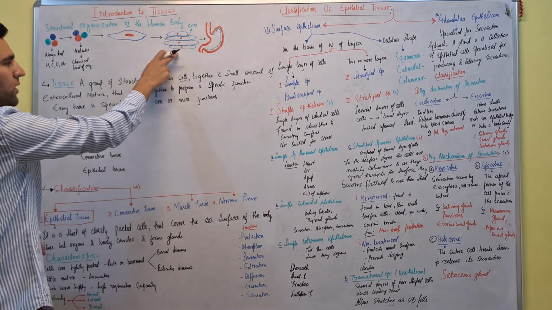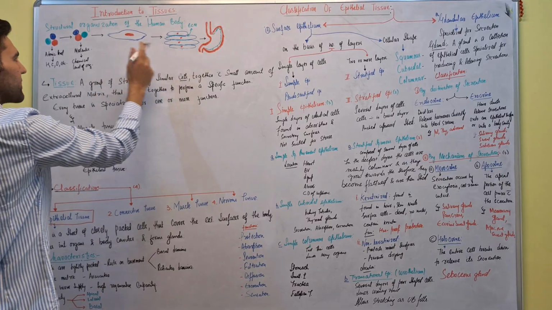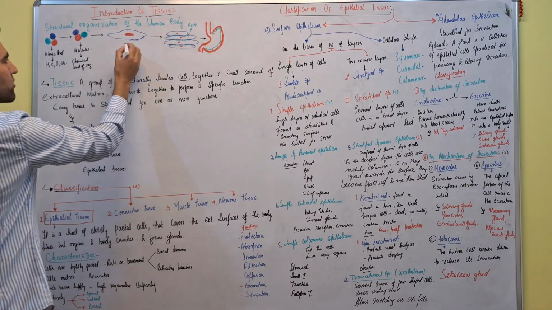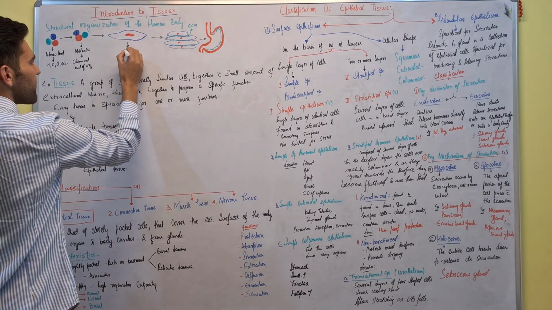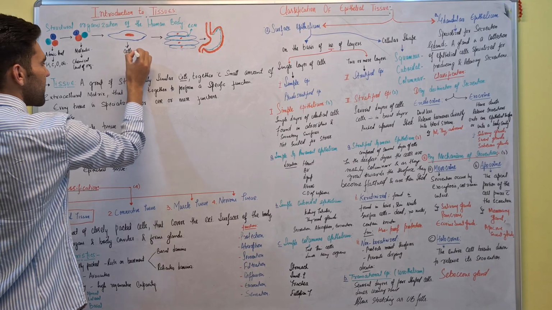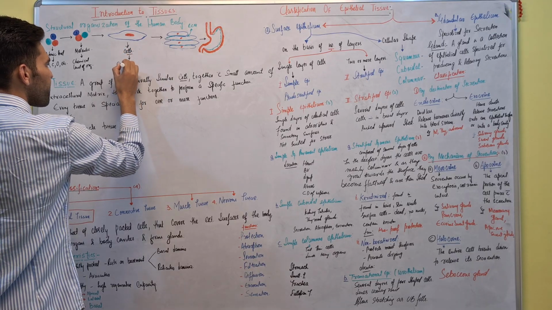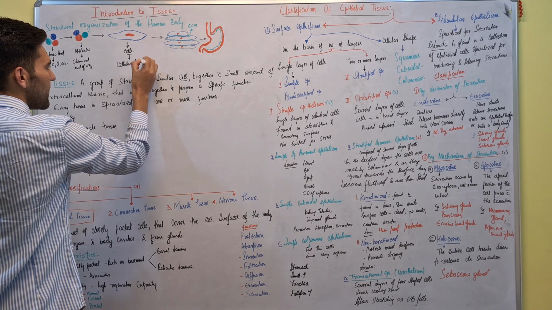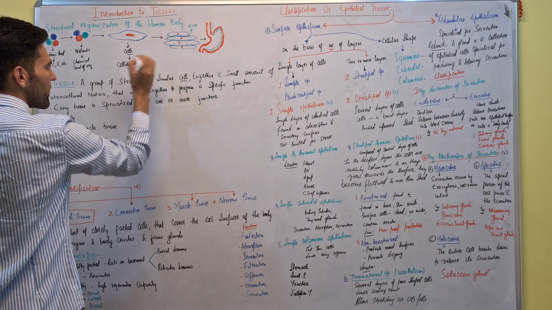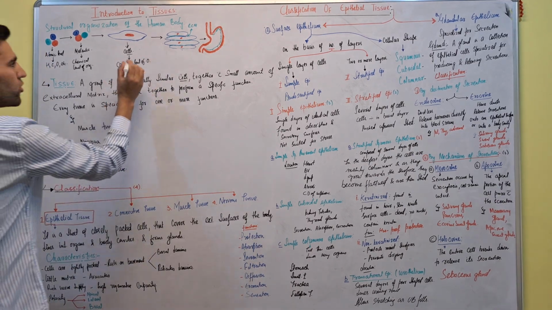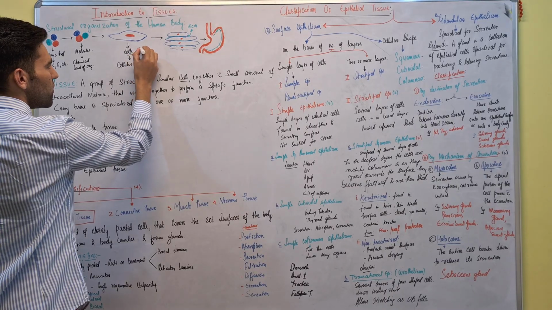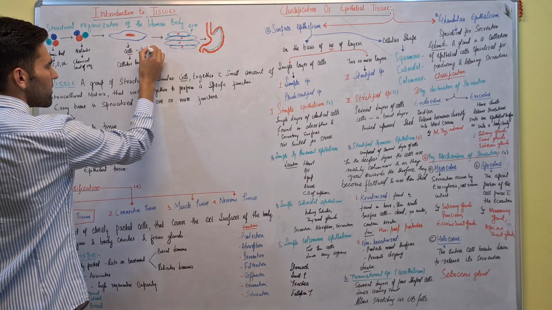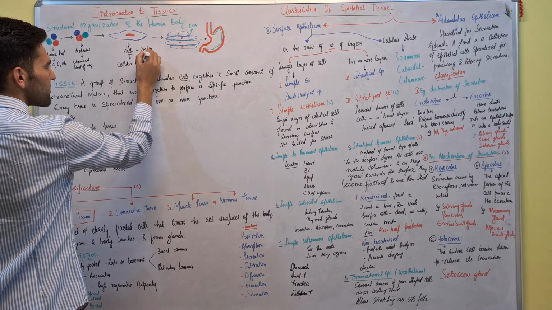When we move forward, the complexity increases. When molecules combine together, they form cells, and we call it the cellular level of organization. In the human body we have approximately 200 types of cells.